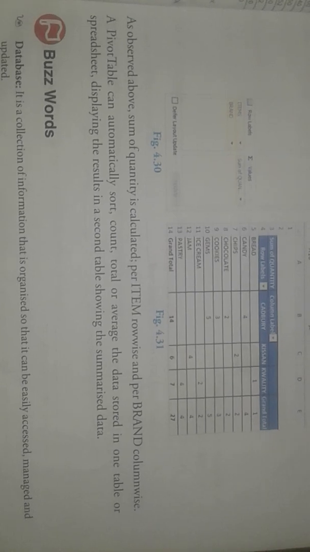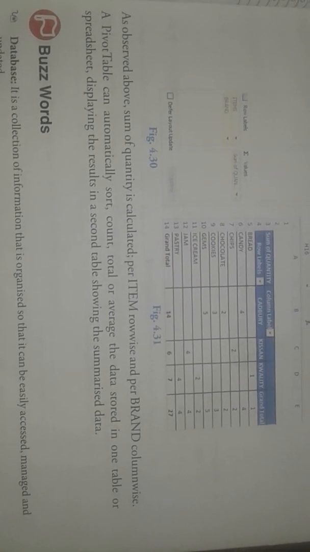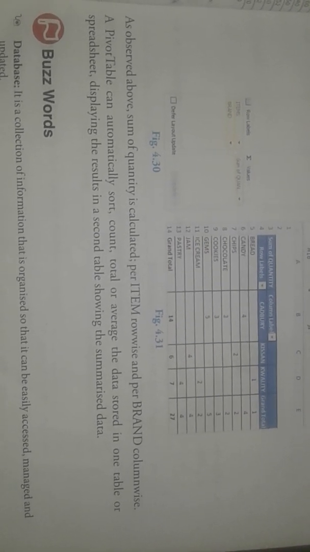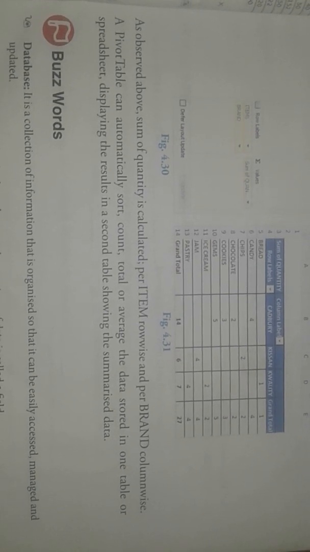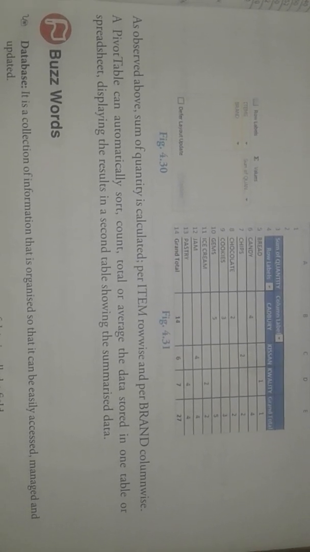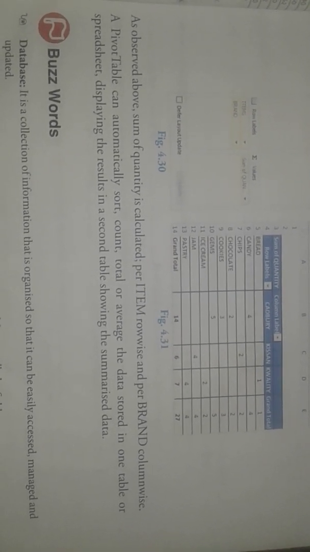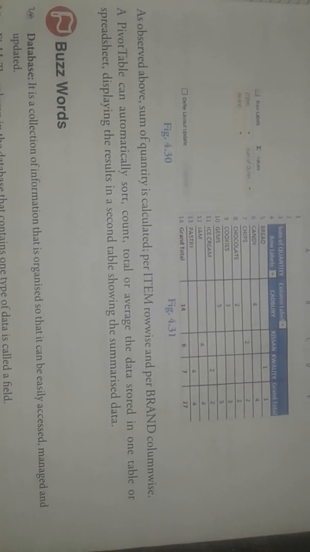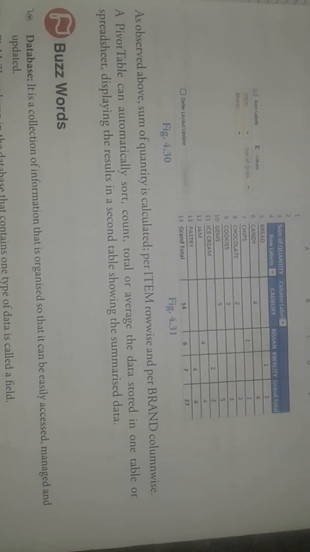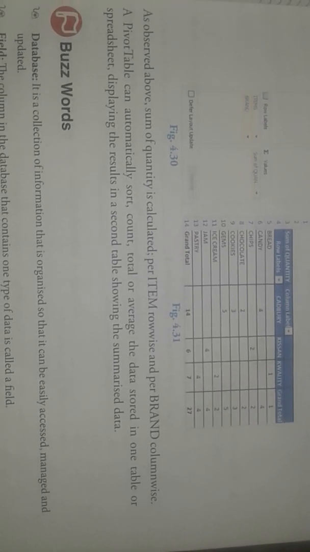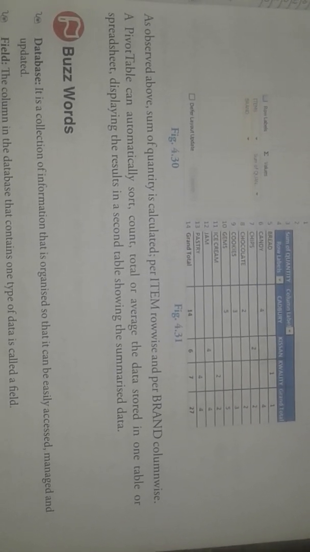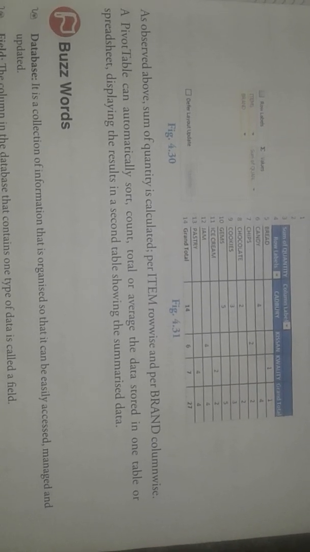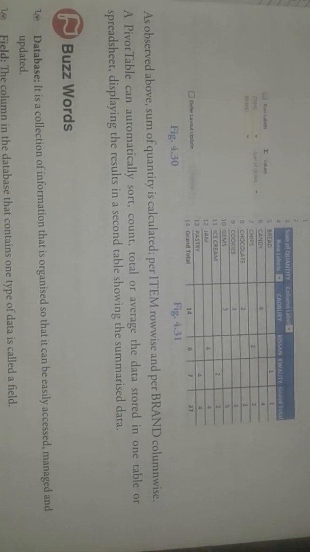As above, the sum of quantity is calculated per item, row-wise, and brand. Otherwise, a pivot table can automatically sort, count, total or average the data stored in one table or spreadsheet, and display the result in a second table showing the summarized data.